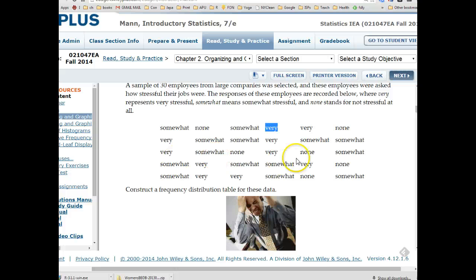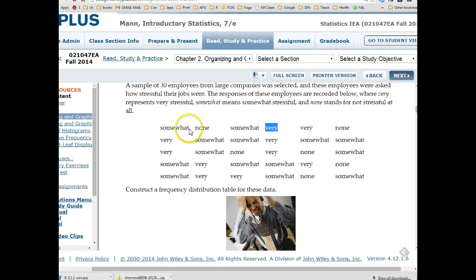So they say, how can we make some kind of sense out of this data? We saw that when we did the dot plot and the stem and leaf, that was for numeric data, and we could make some sense out of it instead of just having to look at a big set of data. So how could you organize this data? If you were trying to analyze all these people, what would you do?